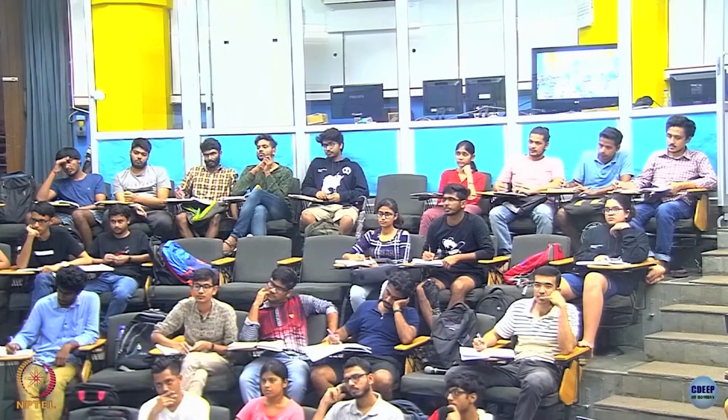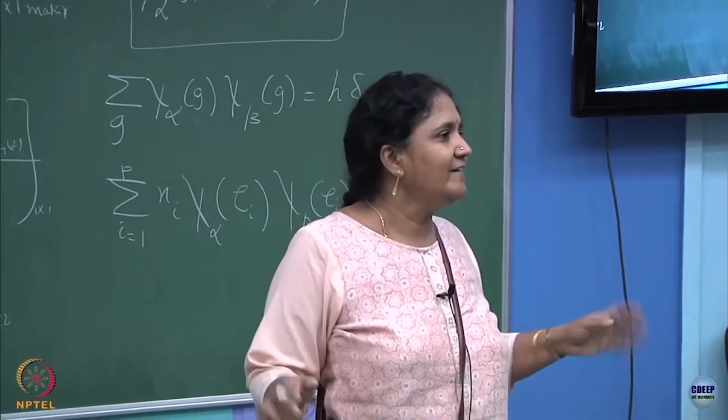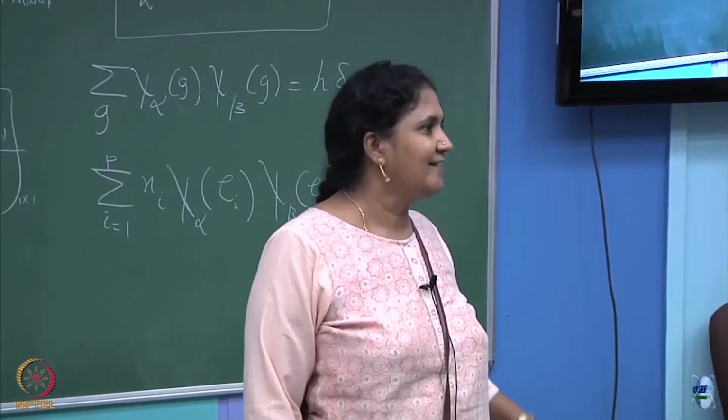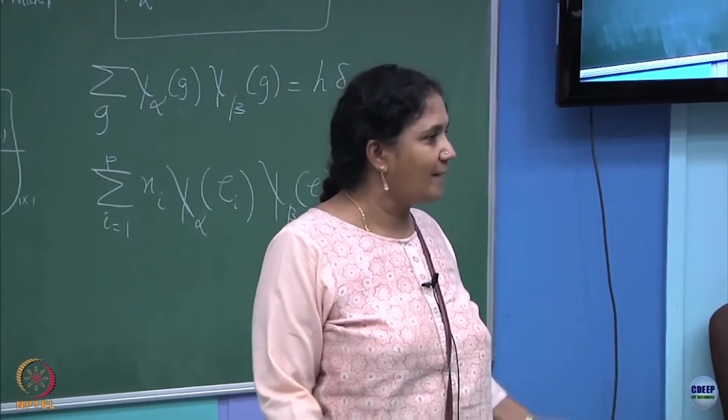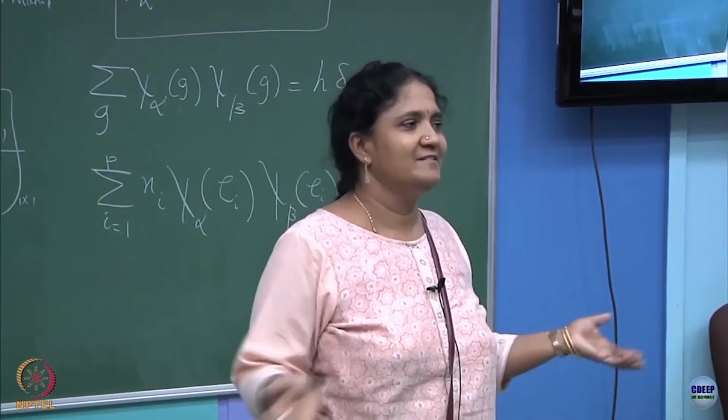See, if you put every element to be the identity element, any multiplication table will be satisfied, right. So, that is a trivial representation. As a matrix, I can put 1 1 1 1 and make the whole multiplication table satisfied.